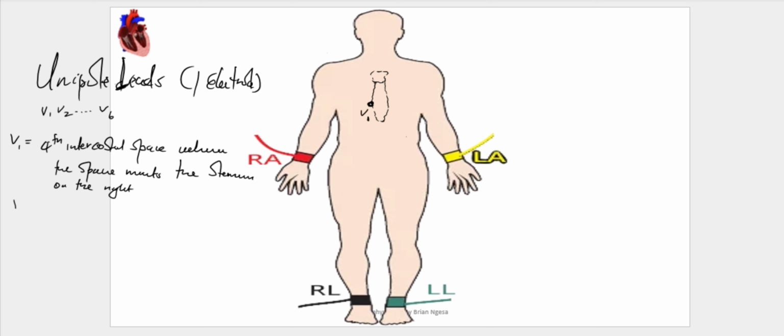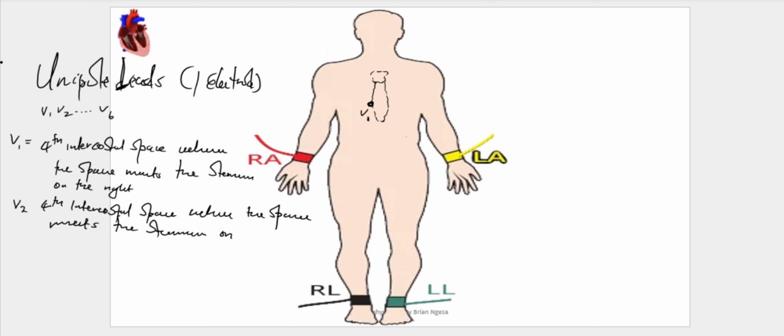So where do you place your V2? Again, at the fourth intercostal space, where the space meets the sternum, specifically on the left.